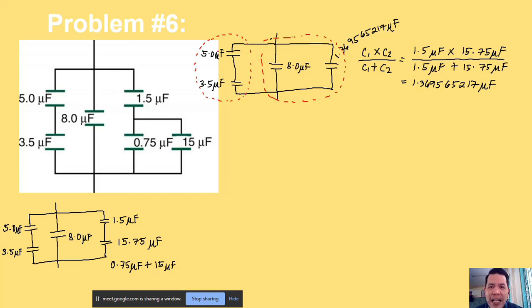Ayan. Para later, kung mauna po itong 5.0 microfarad and 3.5 microfarad, ang lalabas po na diagram is ito. Ganito na po yung diagram na yan. And kung mapapansin po natin, yung mga capacitors po sa diagram na to are connected in parallel. Automatically, we can use the formula C sub 1 plus C sub 2 plus C sub 3 simply because they are connected in parallel.